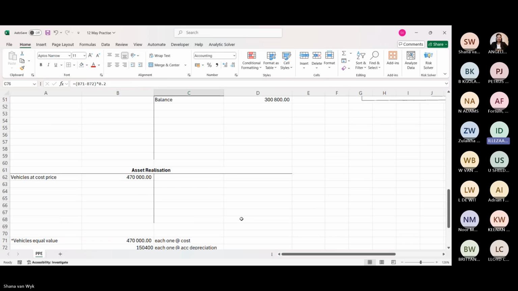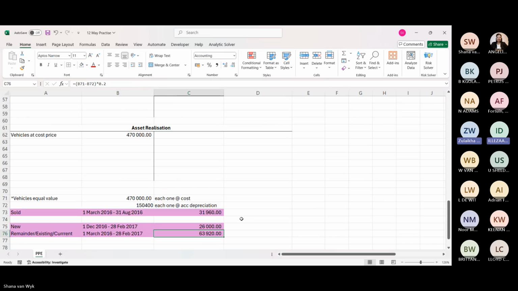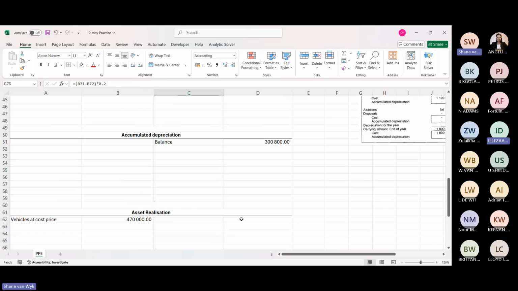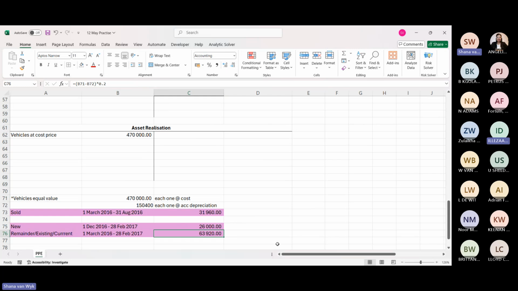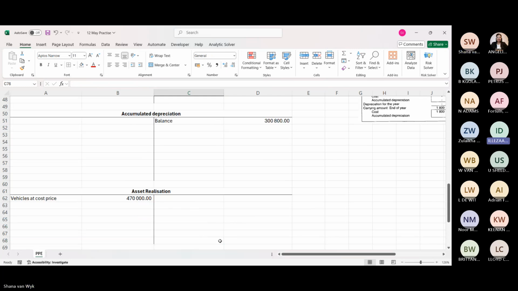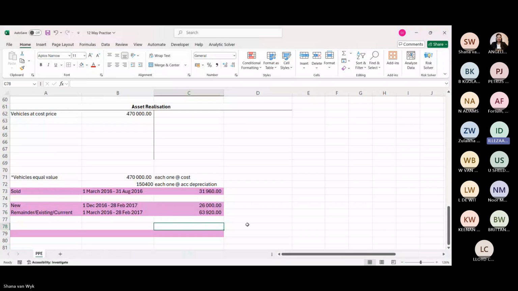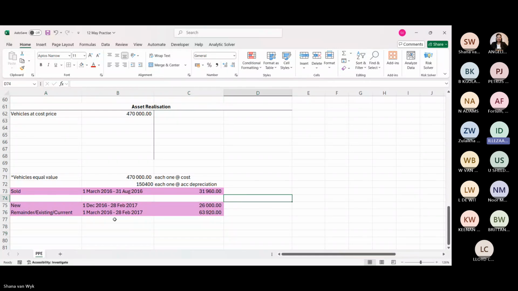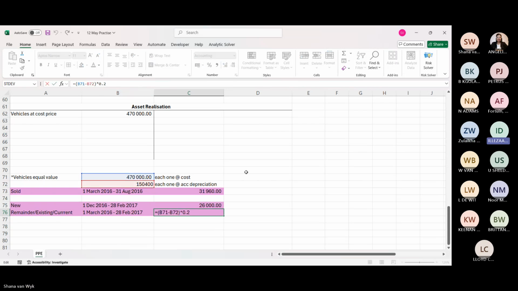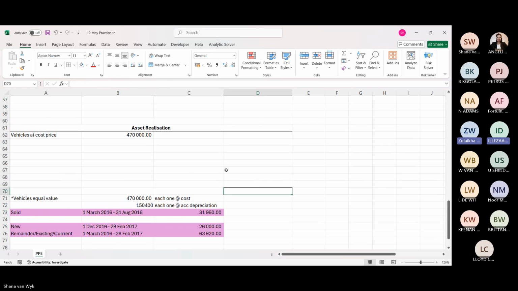You need to subtract it so you can work from the remaining value. But you need to work out the other vehicle as well, because you only scrapped one. So you still need to work out the depreciation for that. That was the current that we worked out now, just for the remaining vehicle that we still have. Yes. We still need to work out the other one and then we'll put it together.